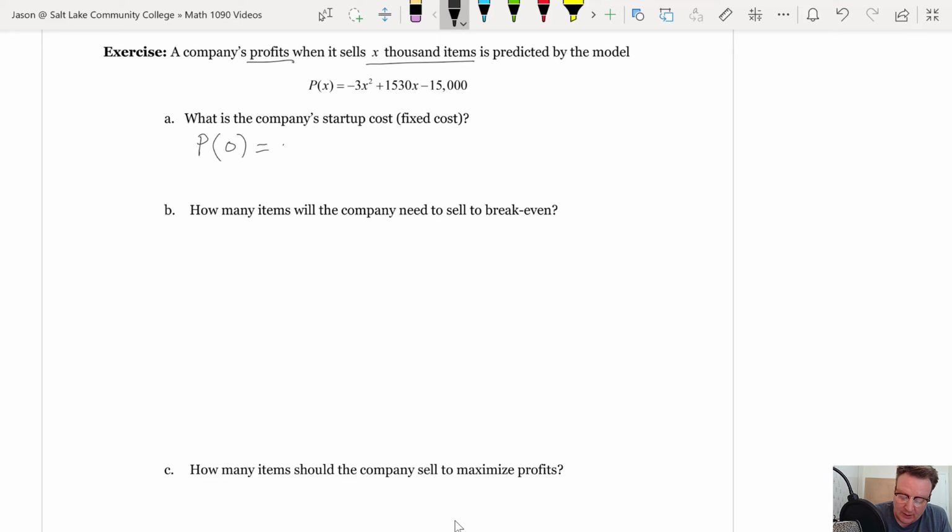And this is going to be -15,000. Clearly, when I put in 0 for x, I just get -15,000 out of that function. It doesn't say specifically it's in dollars, but I'll just assume dollars here. Looks like $15,000 in startup cost.